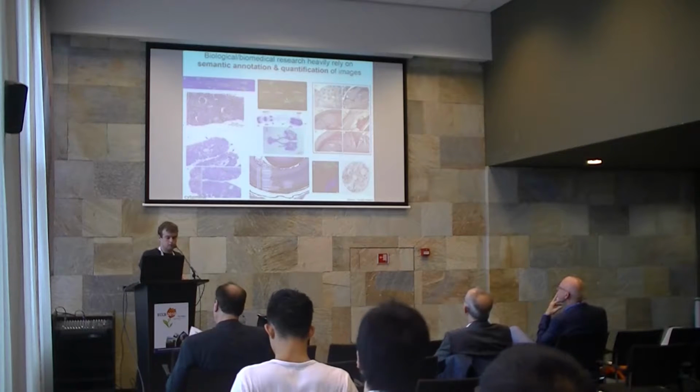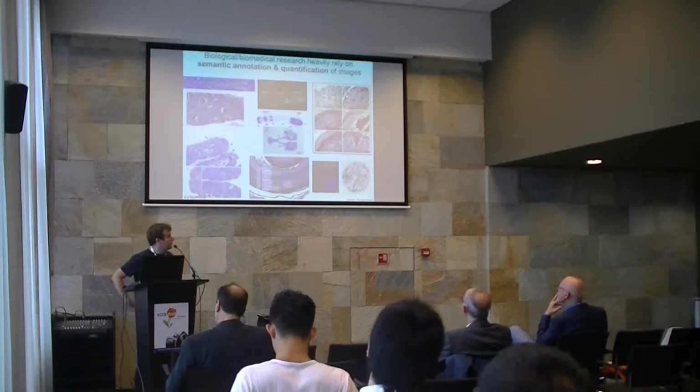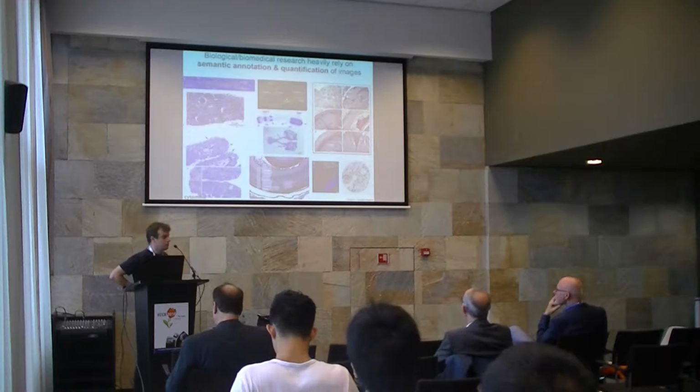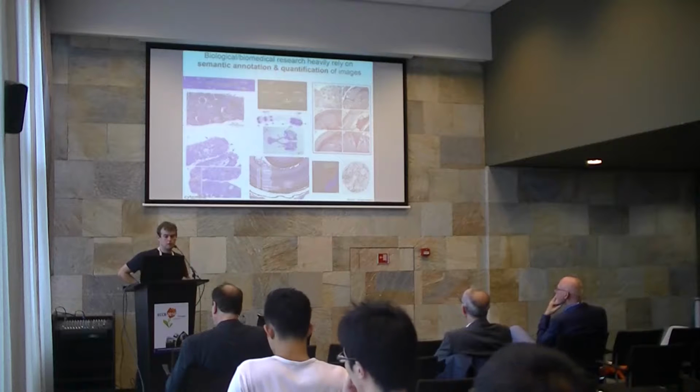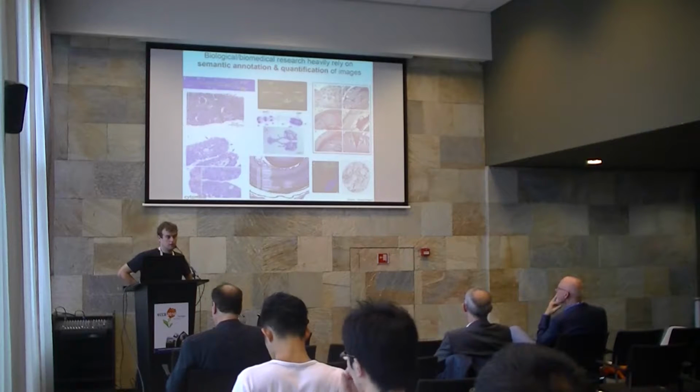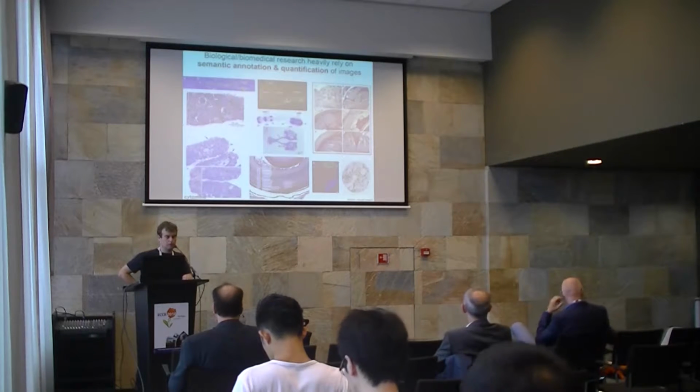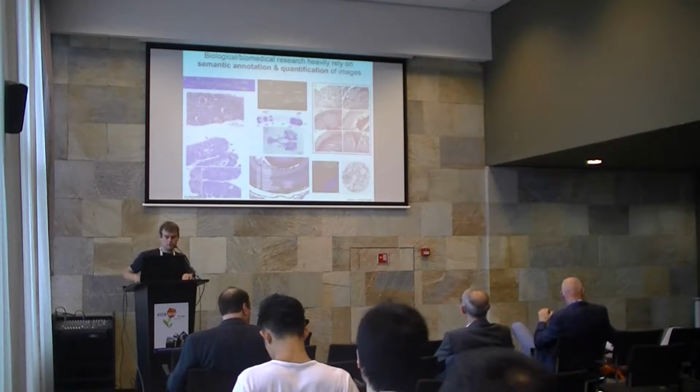When we started this project, we realized when discussing with pathologists and biomedical researchers that they spend a lot of time looking at their images and performing semantic annotation and quantification of these images.